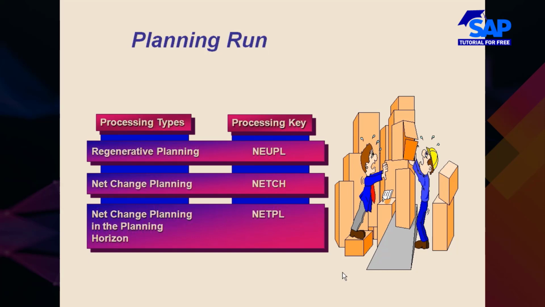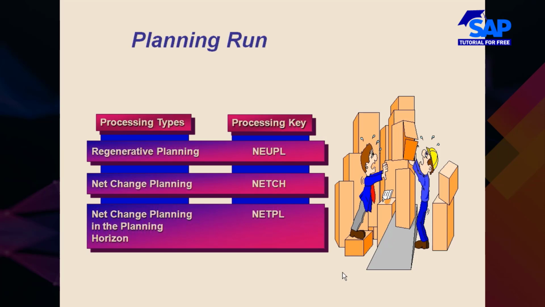And then there is something called a planning run. There are 3 types of planning runs possible. The planning run will tell you how you are going to plan the materials in your warehouse, in your stores, in your plant. Are you going to plan all the materials, or only some of the materials in your plant, or are you going to plan nothing?